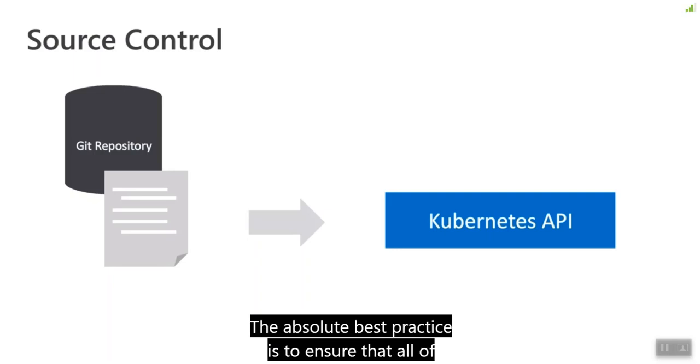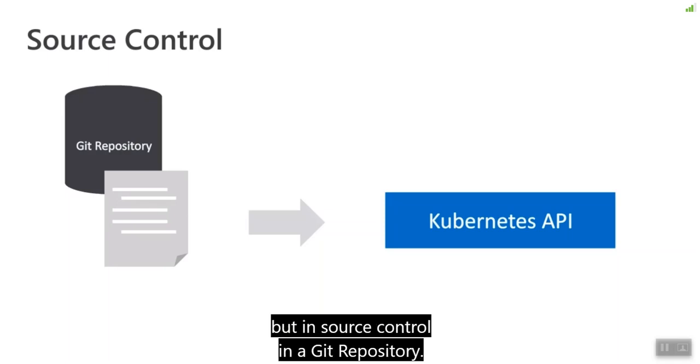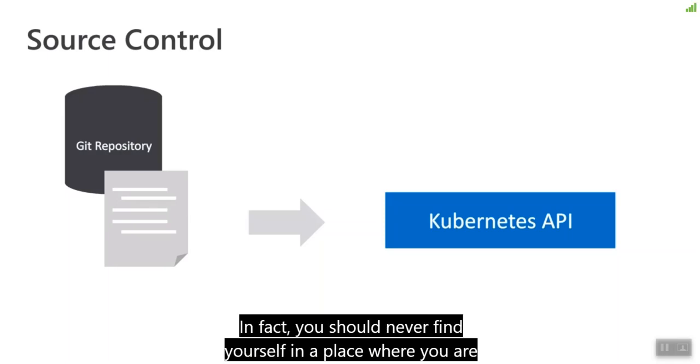So the absolute best practice is to ensure that all of your application data is maintained not in Kubernetes itself, but in source control in a Git repository. And in fact, you should never find yourself in a place where you are creating resources on the fly inside of the Kubernetes API.